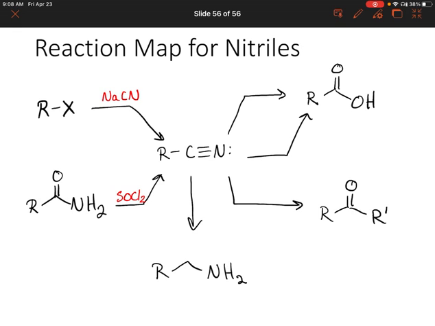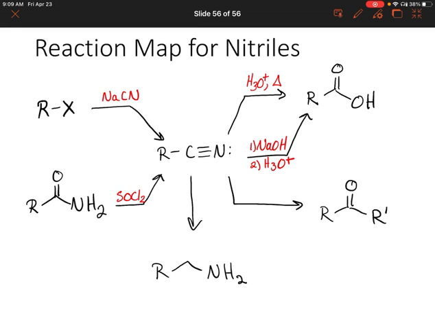So they're both hydrolysis reactions, but one is acid hydrolysis and one is base hydrolysis. So in acid hydrolysis, we just have acid and heat. In base hydrolysis, we have sodium hydroxide followed by acid to protonate the oxygen at the end.